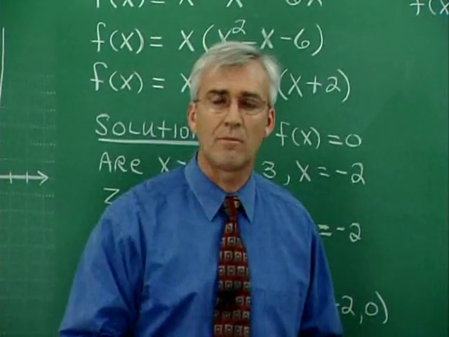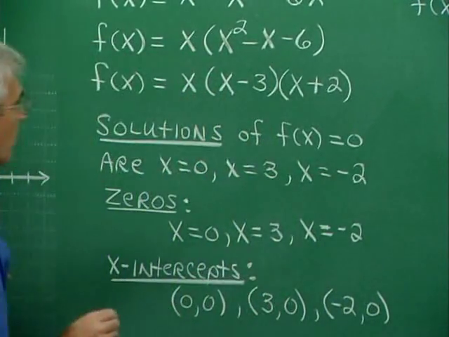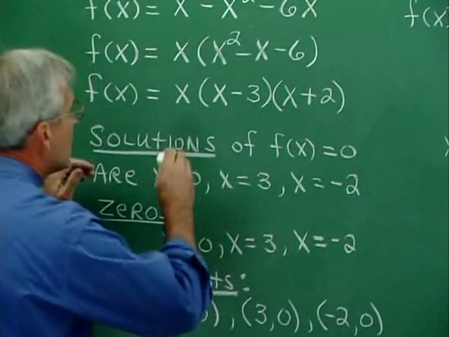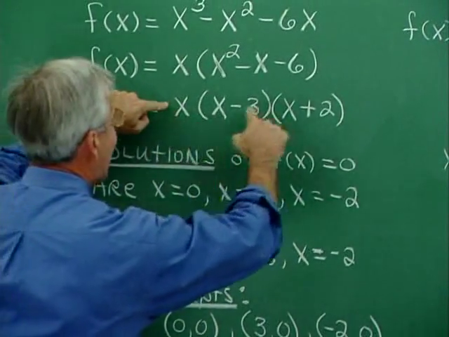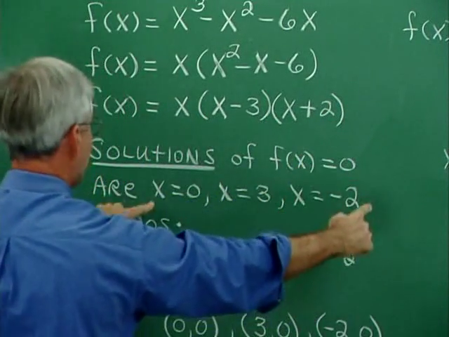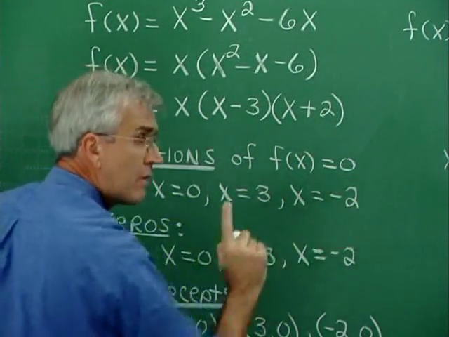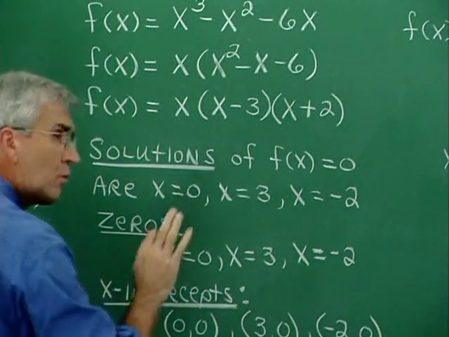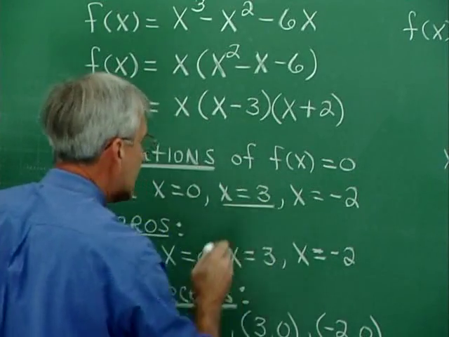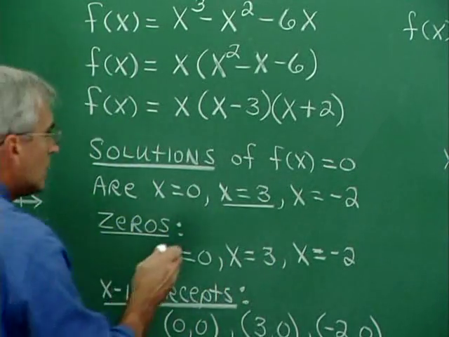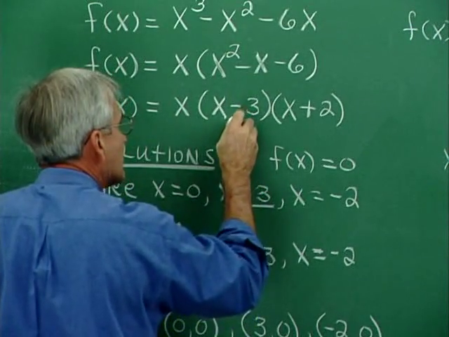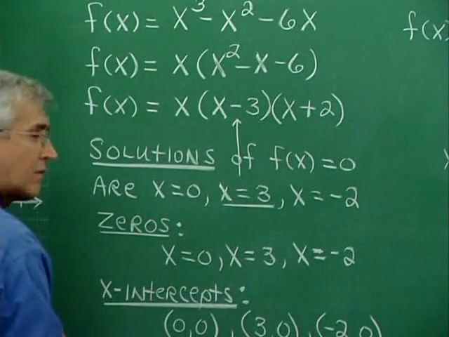Before I leave this problem, though, there's one very important thing I want to point out to you. And it's this, that this idea of going from a factored form into the zeros or the solutions is reversible. That is, if we know that 3 is a 0, then x minus 3 is a factor of our function.